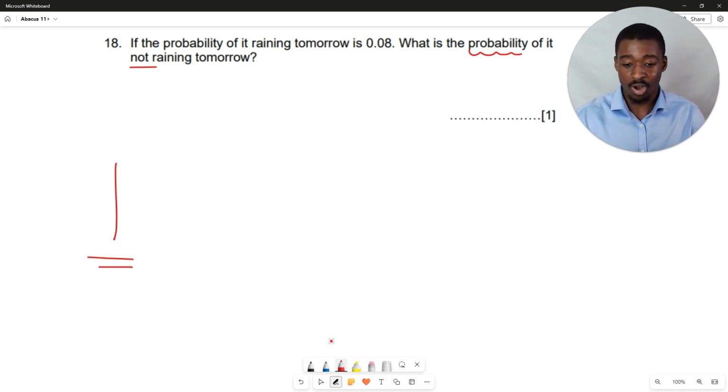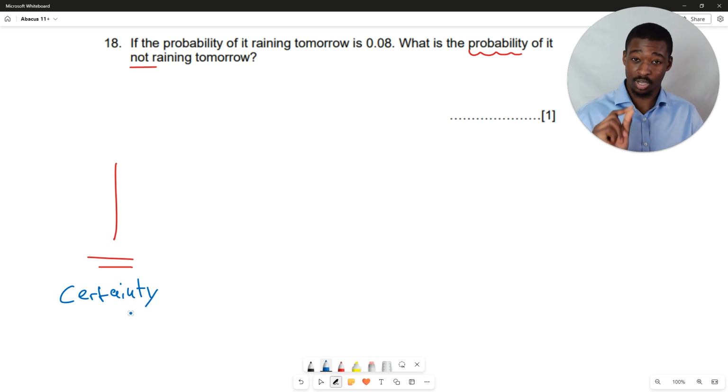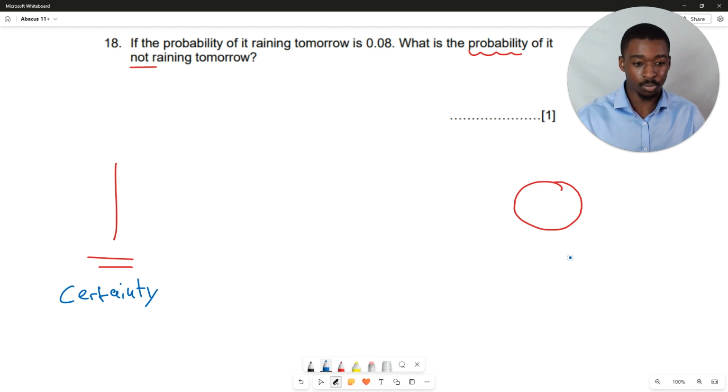And 1 represents certainty. If something has a probability of 1, we are certain that thing's going to happen. Same way, if it has a probability of 0, then we're certain it's not going to happen. It's impossible, right?